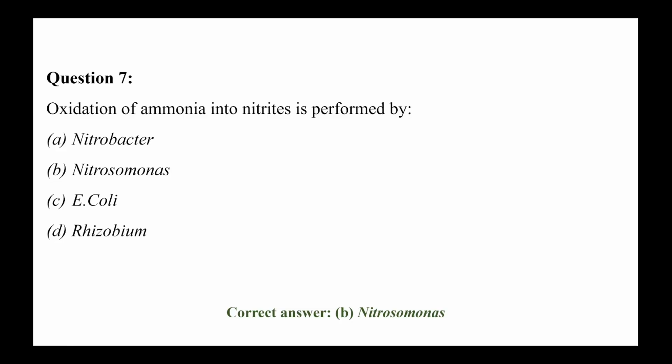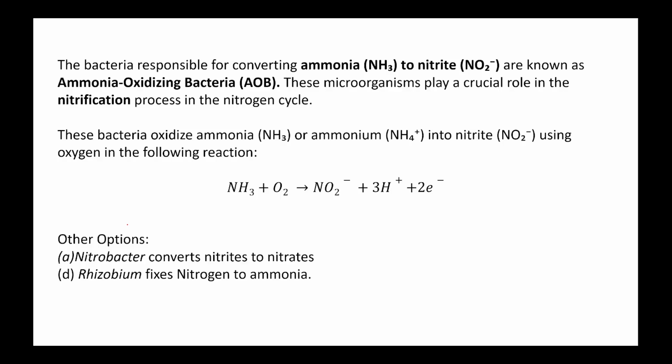The conversion of ammonia into nitrites, or oxidation of ammonia into nitrites, is called nitrification, and this is carried out by the bacteria Nitrosomonas. We have other bacteria here, Nitrobacter and Rhizobium. They are also part of the nitrogen cycle.